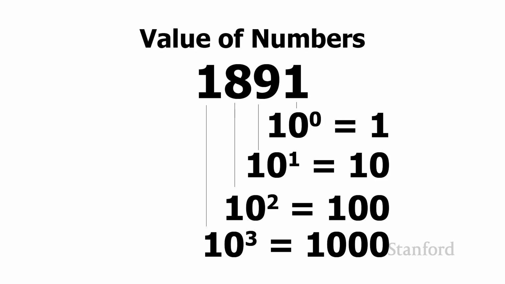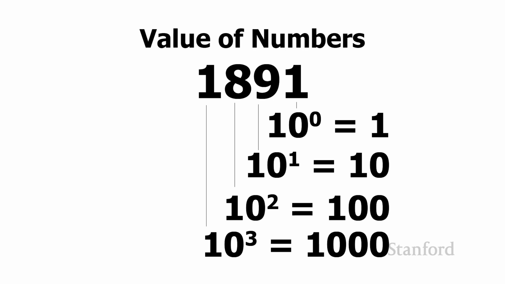So again, we're going to start with a decimal number because this is a system we're used to. And by reminding ourselves of how the system actually works, it will help us when we try and convert to binary. So here I've got the number 1891. Now, if you think about what 1891 actually represents, we've got 4 different digits here. The one on the far right represents 10 to the 0th power, which is our ones.